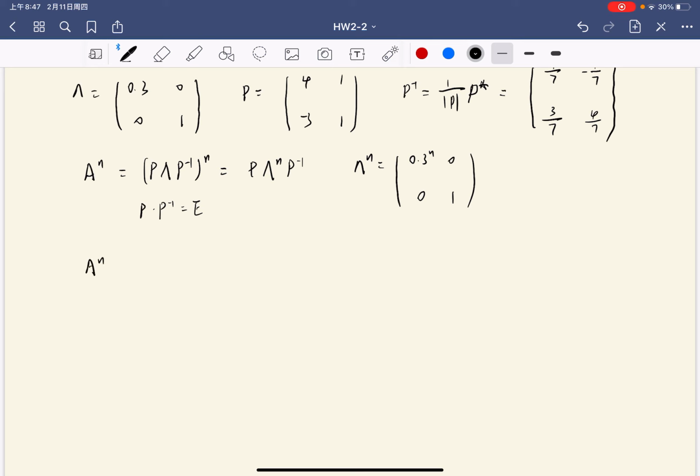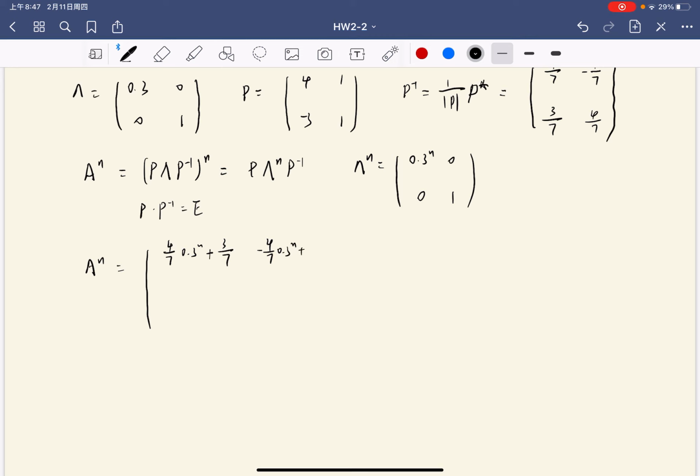So we can obtain A to the power of n, which equals: 4/7 plus 3/7 multiplied by 0.3 to the power of n, 3/7 minus 3/7 multiplied by 0.3 to the power of n, 4/7 minus 4/7 multiplied by 0.3 to the power of n, and 3/7 plus 4/7 multiplied by 0.3 to the power of n.